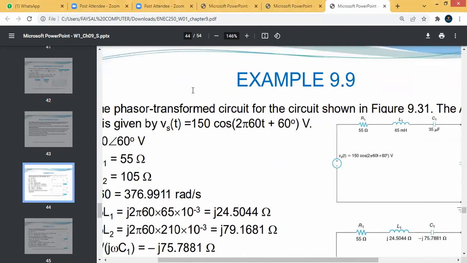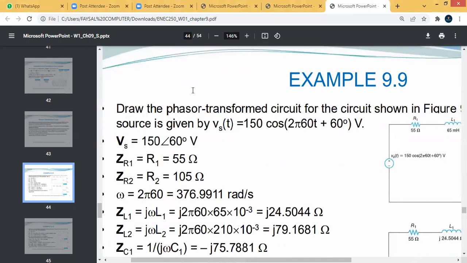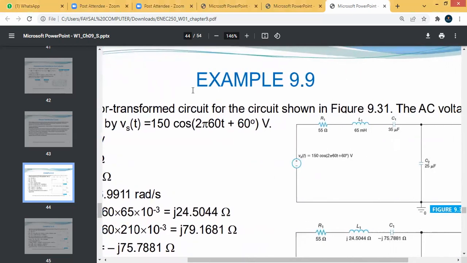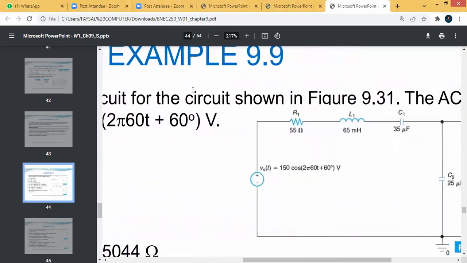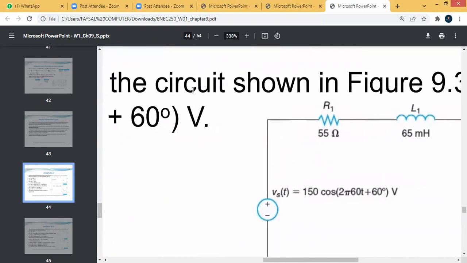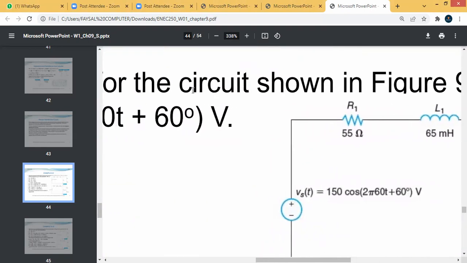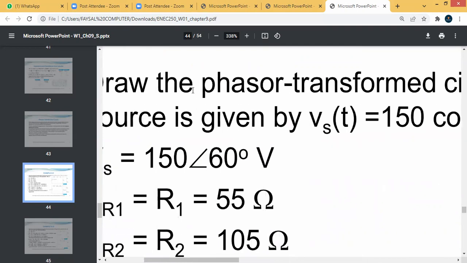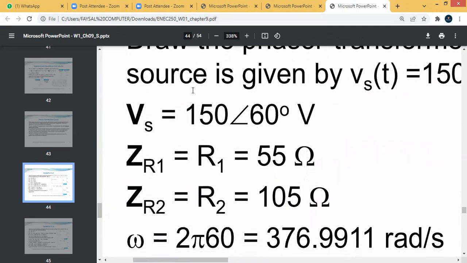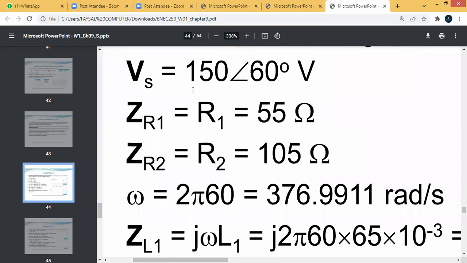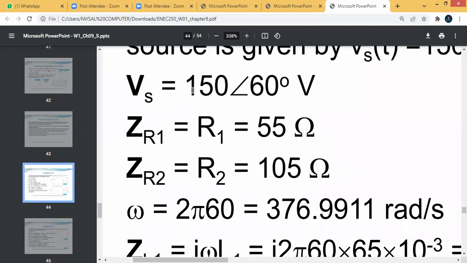Now the second value is my impedance value, that is my R1. R1 equals 55 ohm. Now the third value will be R2, which is also now omega. So how to find omega?